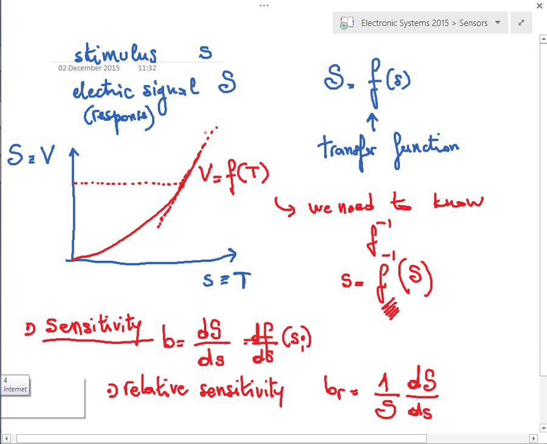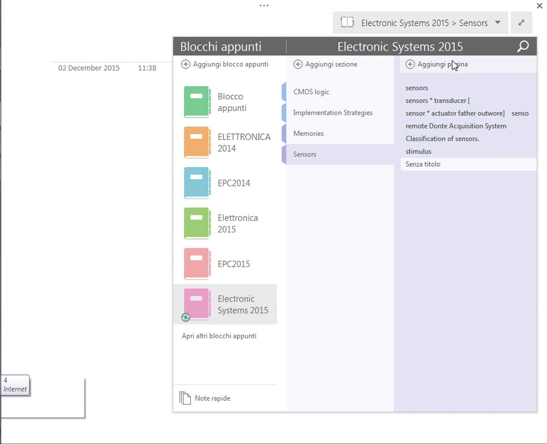So in all situations, even if the transfer function is not linear, we need to have a good approximation of the transfer function. In the worst possible case, it can be a linear piecewise approximation, okay, by points, connecting just a few points taken along the curve. But we need to have something.